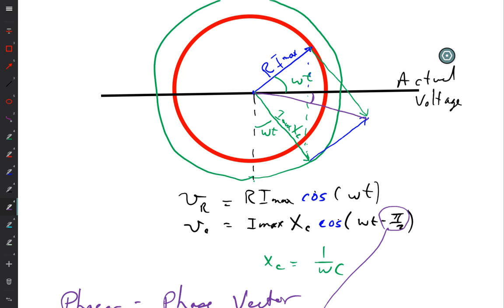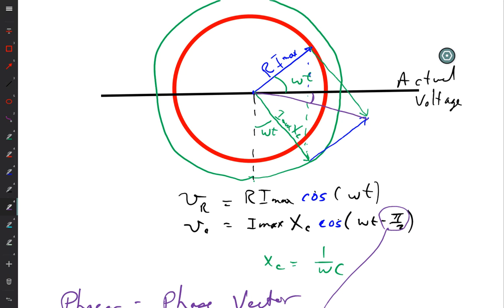And when we get to inductance, remember in class I'd said ELI the ICE man. In the inductance, you have the ELI, the voltage leads the current, and so that one's going to be vertical upward. And so we just take our voltages and we graph them as vectors with the resistive part horizontal, the inductive part vertical upward, the capacitive part vertical downward. And then we add those vectors together to get our resultant, and that tells us what the total voltage is going to be.